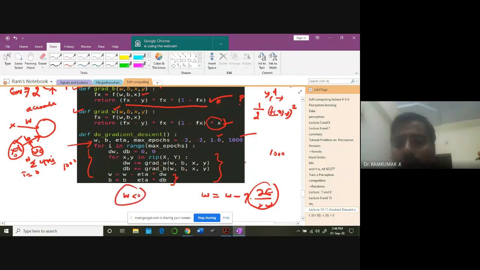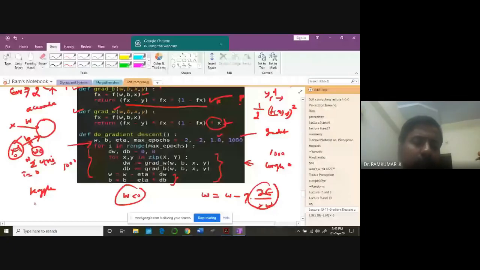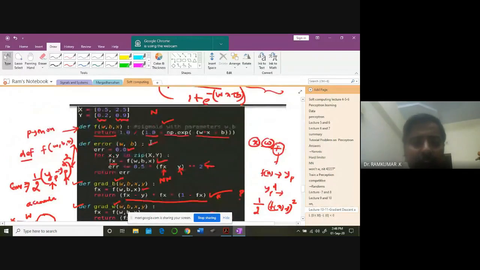Use this code, use Google Colab, and try to run this code and get some results for some data. You can use a data set from Kaggle or from any website. Just try this code, maybe starting with a very limited data set, maybe 5 or 10 data points.